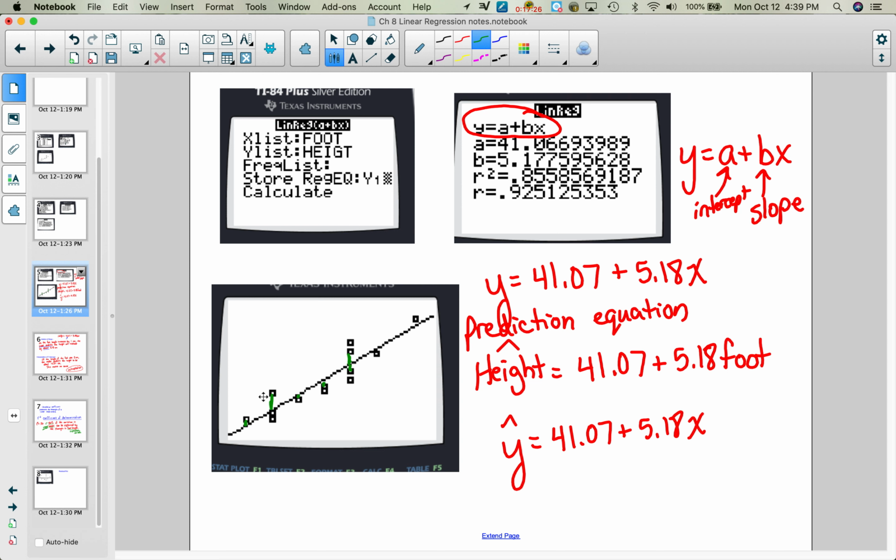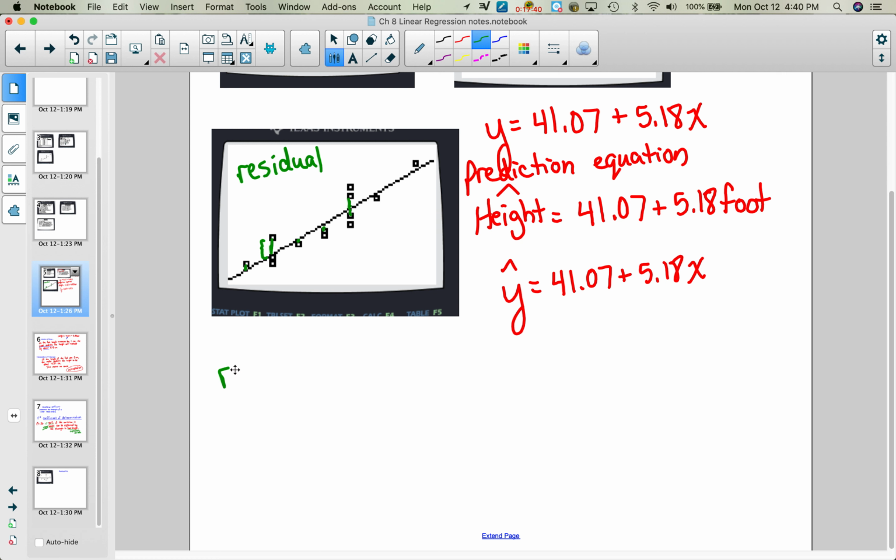And that difference right here, the difference between what we actually see and what our prediction is, is called a residual. We find that by taking the observed value minus the predicted value.